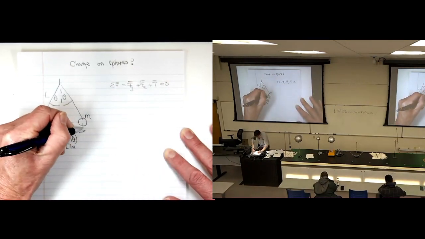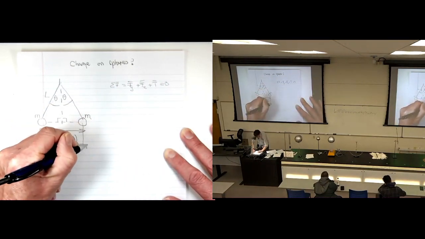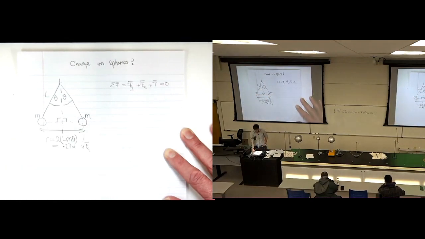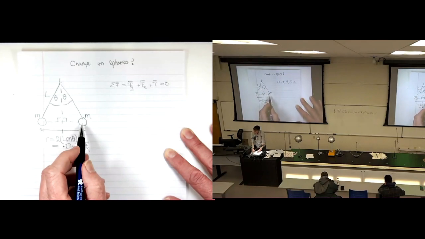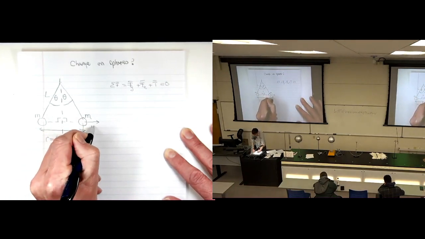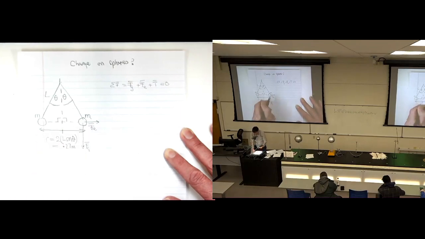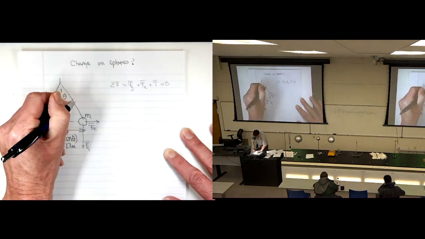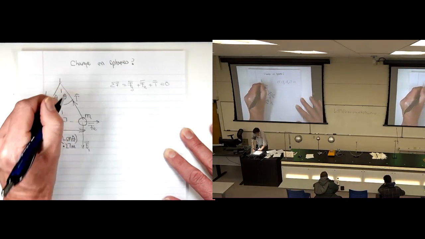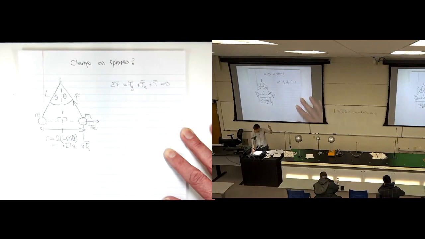Let me draw a few of them. Here's Fg, the force of gravity acting on this right-hand sphere. Here's Fe, the repulsive force of electricity acting on the right-hand sphere. And here's tension, the tension force in the string that acts along the string.